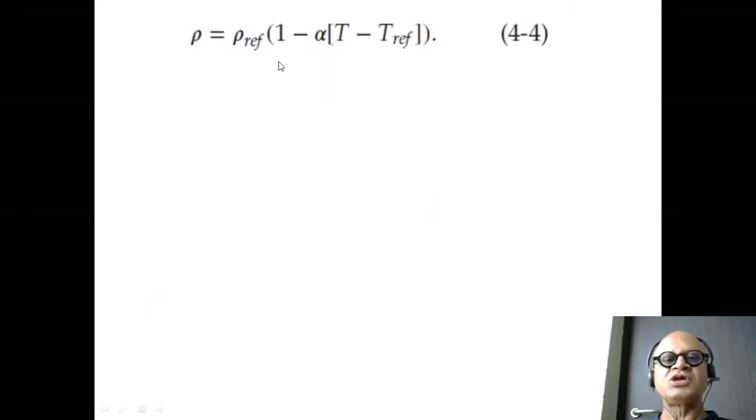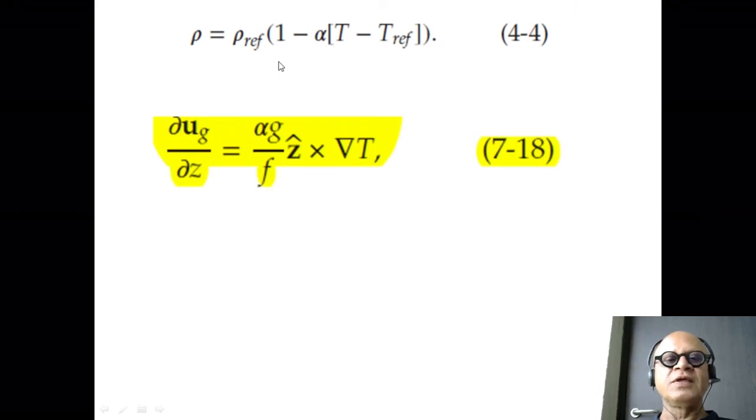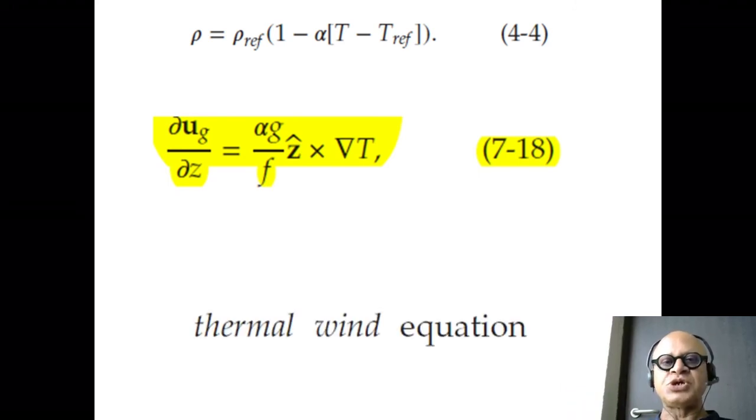This is actually a much better equation for ocean water. Then you get du_g/dz equals alpha g over f. So instead of rho ref, we have now ended up with alpha, the thermal expansion coefficient for water, our favorite, z hat cross gradient of temperature. So if density is a function of temperature alone, then a horizontal gradient of temperature is going to give us vertical geostrophic shear.